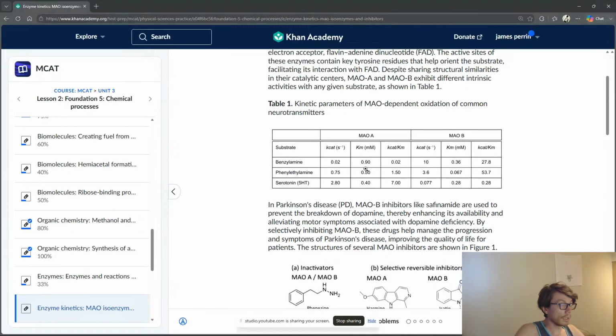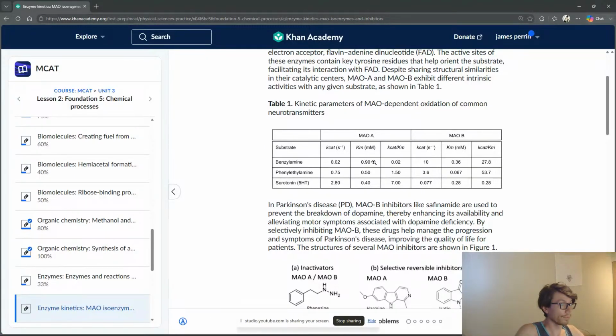But we have to consider the catalytic effects. Let's see. Km times kcat over Km will give us kcat. So that's going to be very small. That's going to be larger. That's going to be larger.